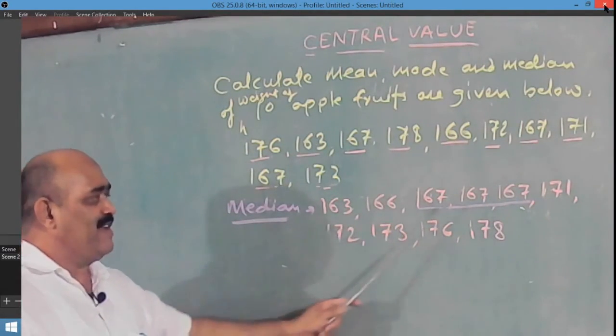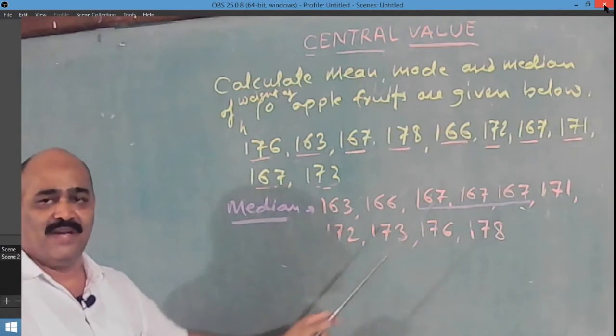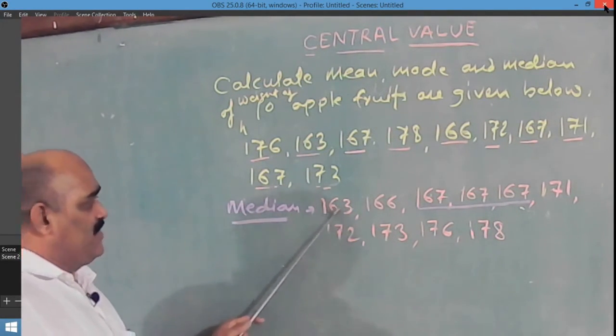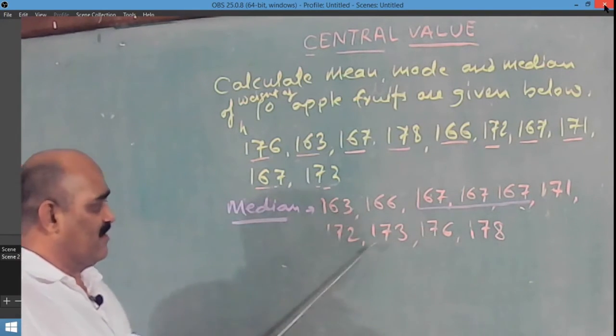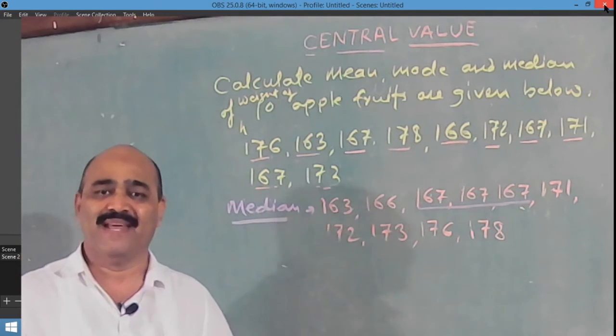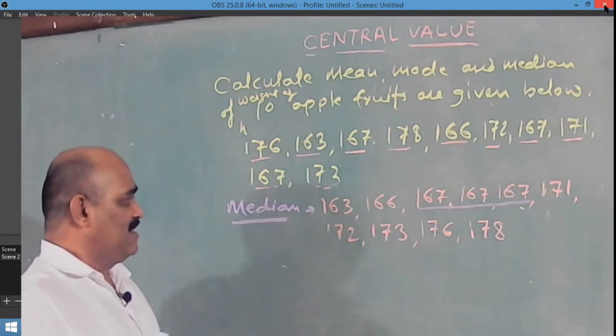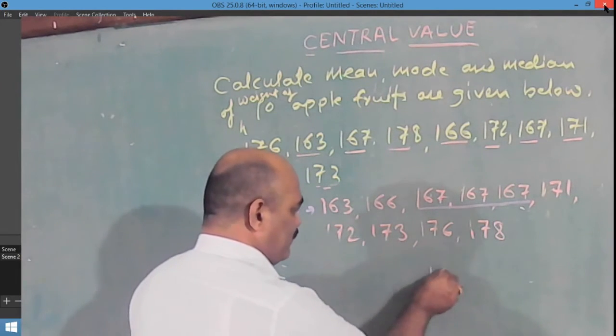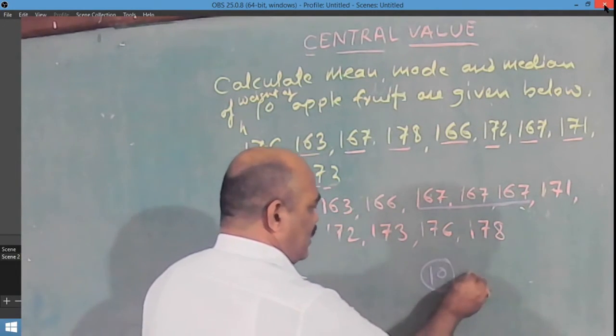Our data is already arranged in ascending order. After arranging in ascending or descending order, the central value of our data is known as the median of our data. Our observations are 10 in number, that means an even number of observations.